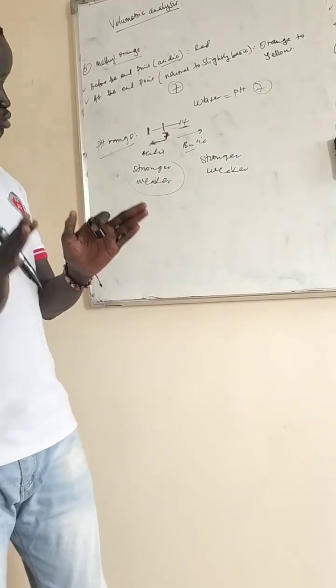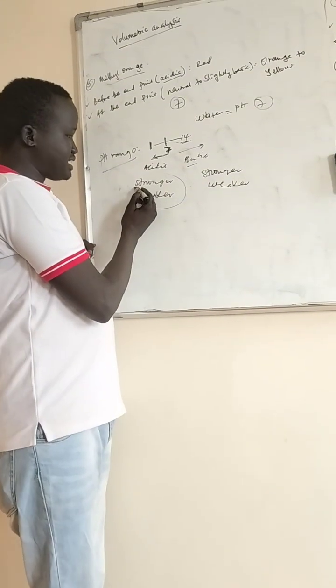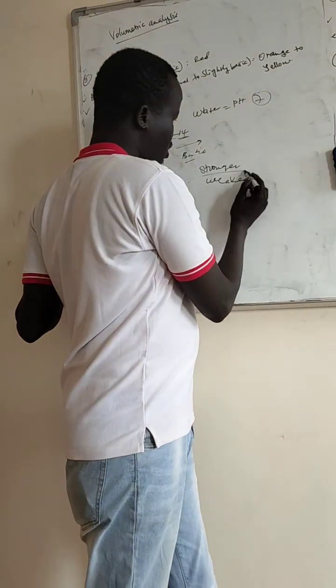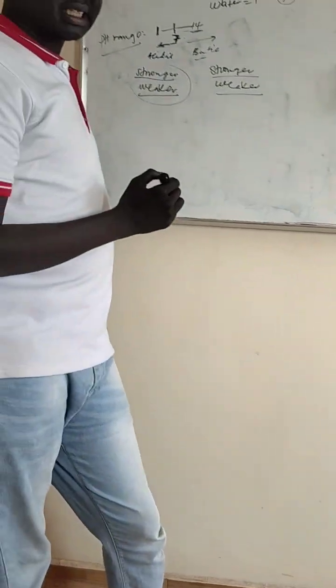Meaning that we have two types of acid: strong acid and weak acid. Then we have strong base and weak base.